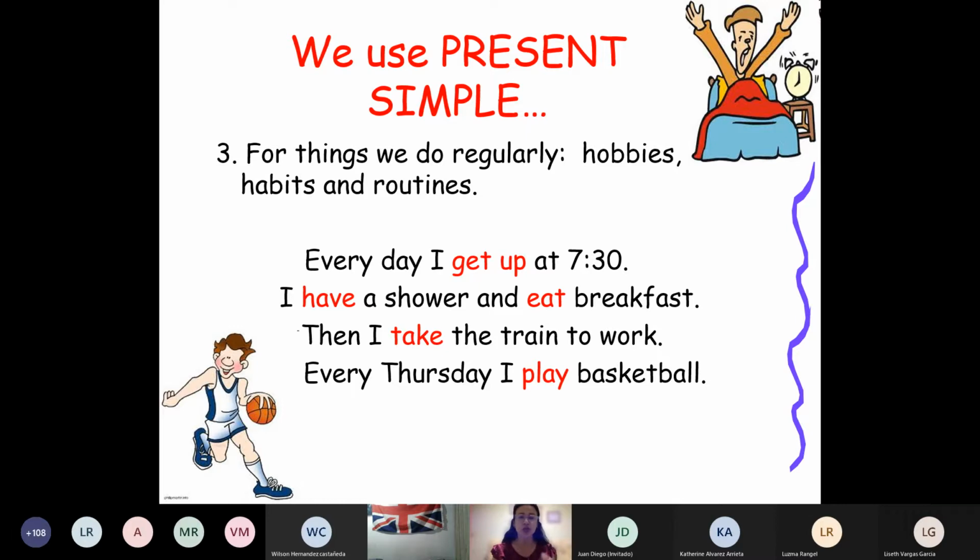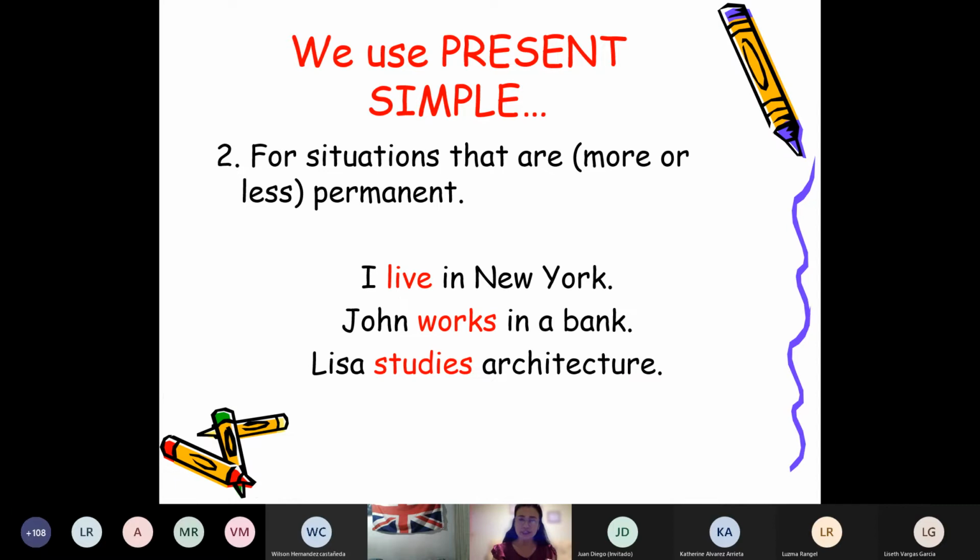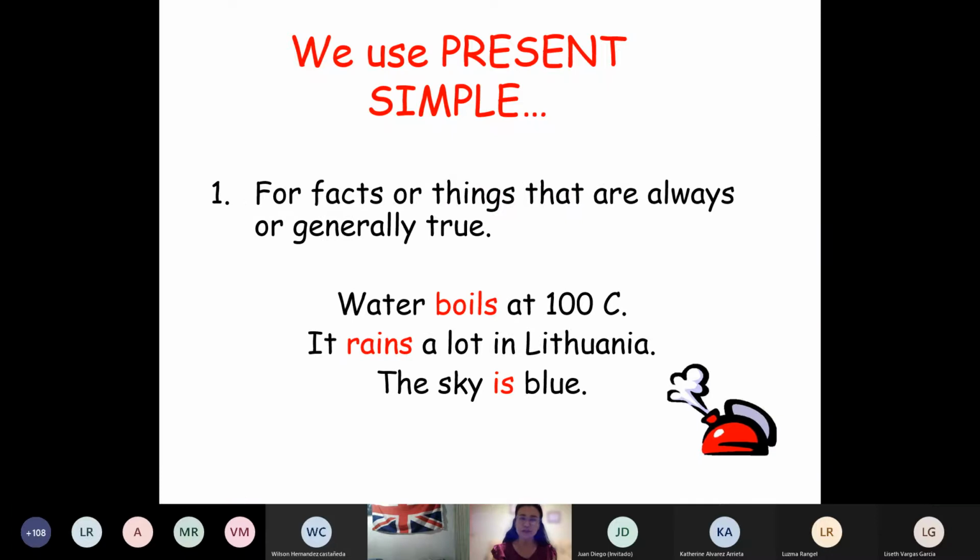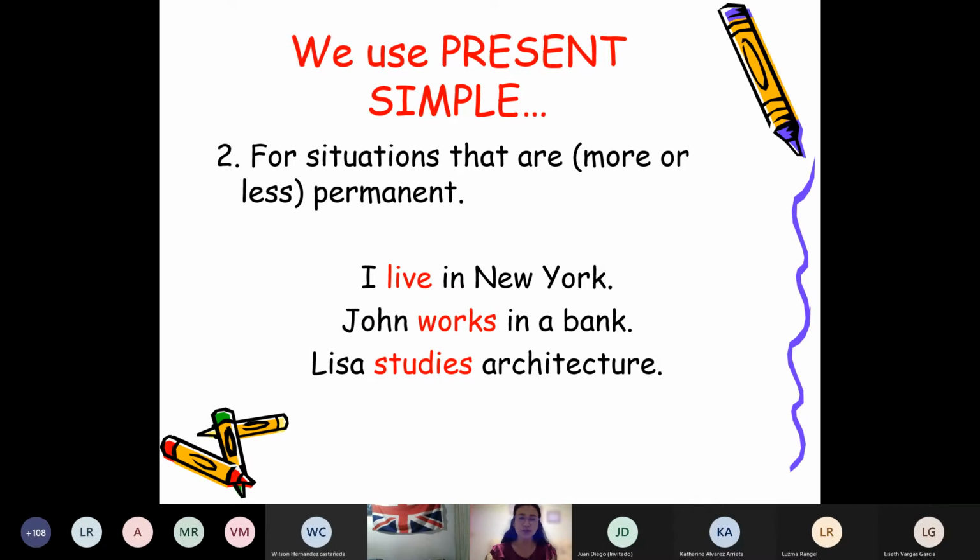So remember, you use the present simple tense when you are going to express permanent situations. You use it when you are expressing facts, general truths, and situations that are permanent, like I live in New York, or she lives in New York, John works in a bank, Lisa studies architecture.